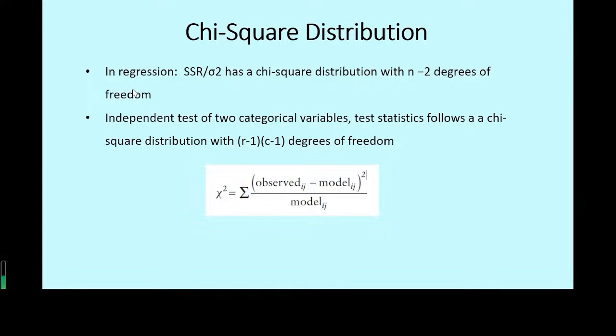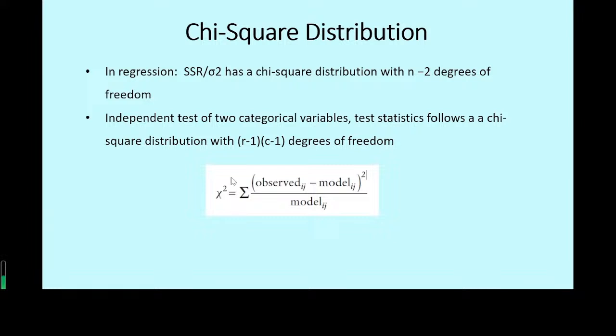In application in regression, SSR, which means the sum of squared residuals divided by sigma squared, has a chi-square distribution with n minus 2 degrees of freedom. And in an independence test of two categorical variables, the test statistic follows a chi-square distribution with R minus 1 times C minus 1 degrees of freedom, where R and C are the numbers of rows and columns of the contingency table between the two categorical variables.